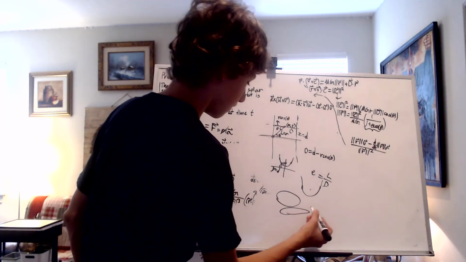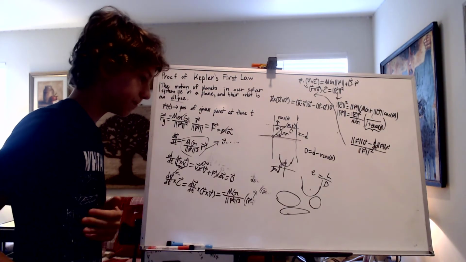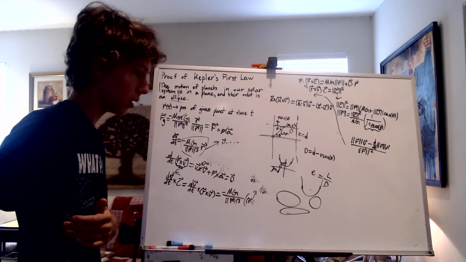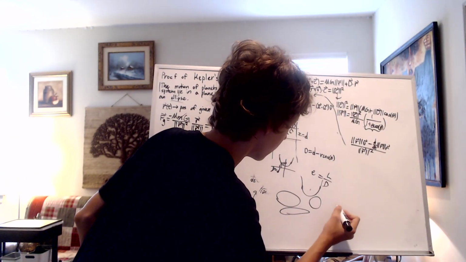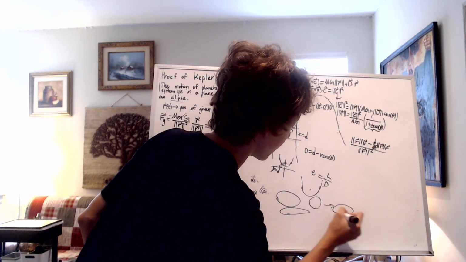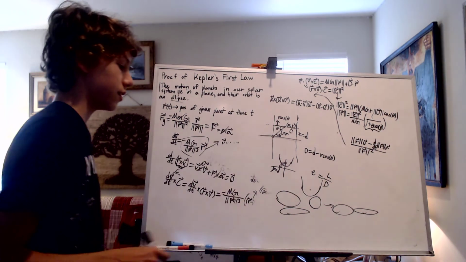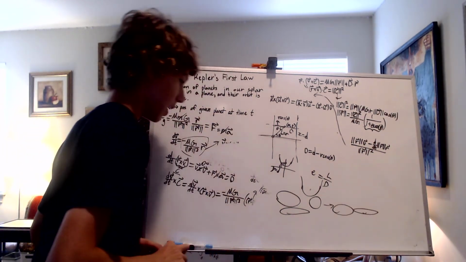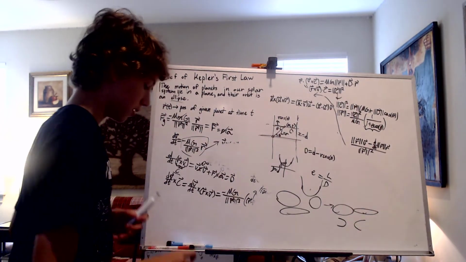A circle has an eccentricity of 0, but the higher you go, the more eccentric you are. This can go from like that to that, and so on. And if the eccentricity is greater than 1, it breaks, and you actually get a hyperbola.